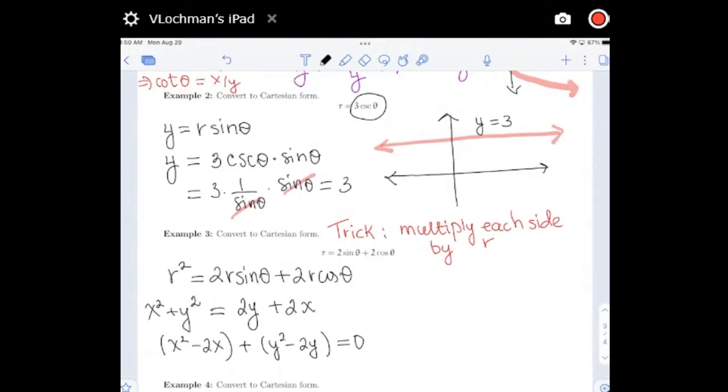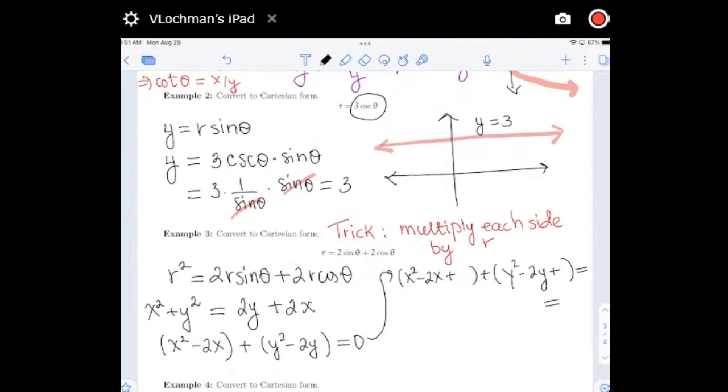Here I'm going to get 0. This is still an equation. What I just did was move 2y and 2x to the other side of the equation. Let me remind you how we complete the square. I want to put something here, and y squared minus 2y something here, and then something also goes on the other side, right?